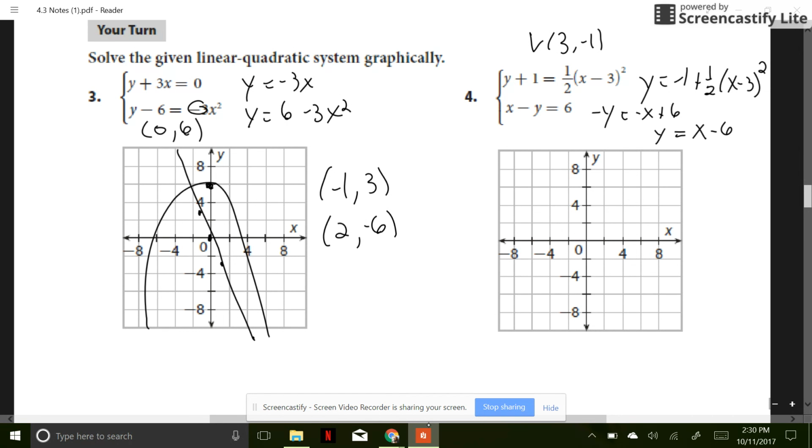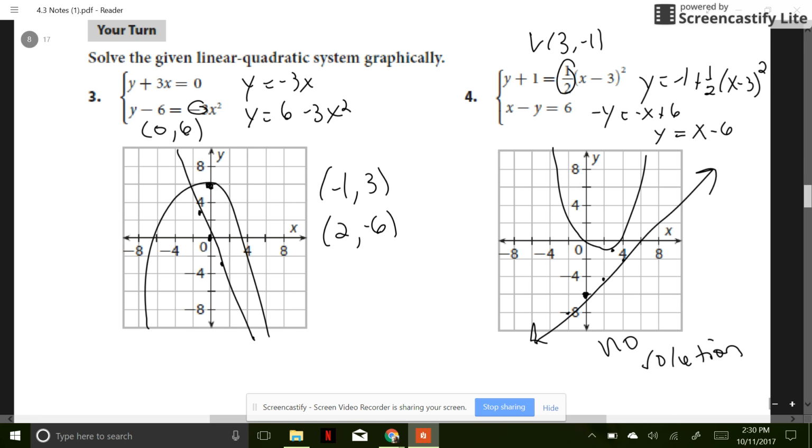So the slope of our line here is a +1. Rough sketch of our line. Vertex here is at (3, -1). This is positive, so it should open up. You'll notice here that our lines do not intersect, so this one would in fact have no solution.